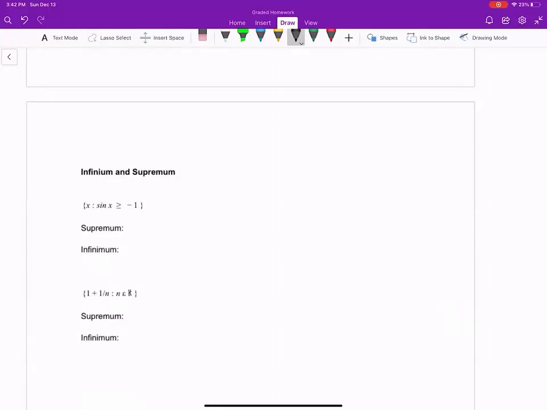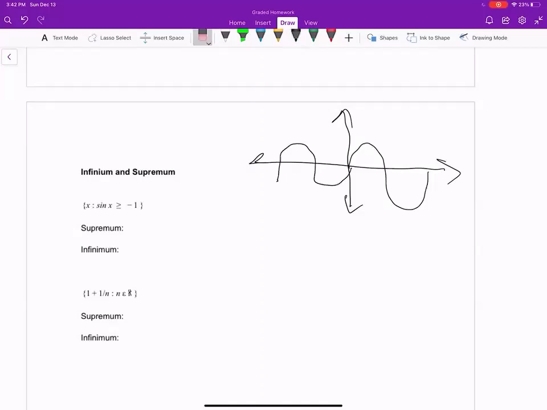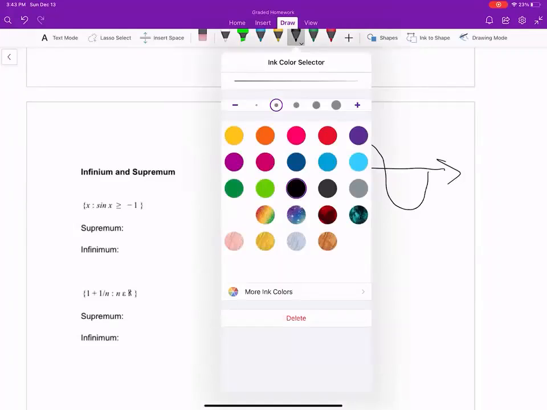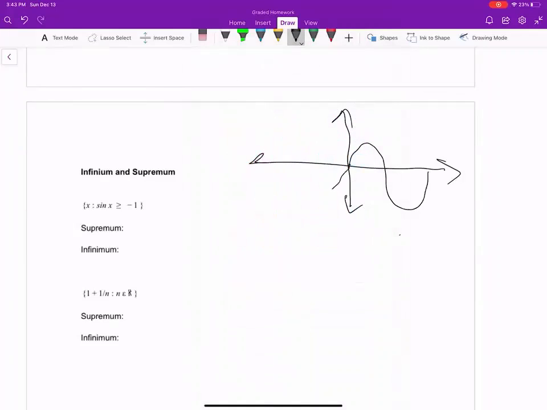So x is such that sine of x is greater than or equal to -1. So let's recall the graph of a sine function. It looks something like that.